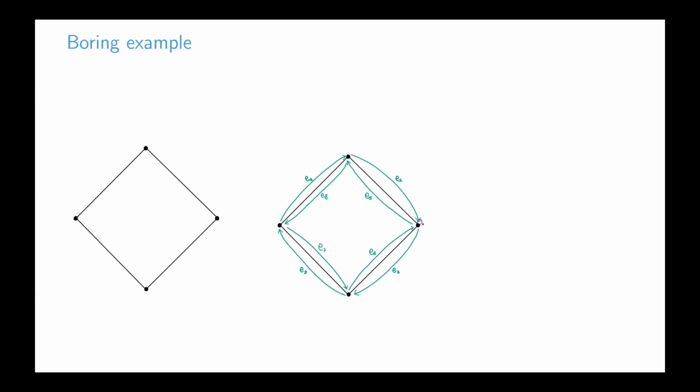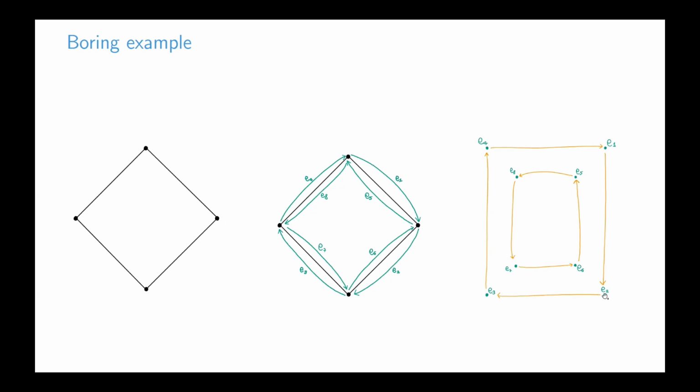So we let this oriented edge be E1, we let this oriented edge be E2, this is E3, and this is E4. And now the next step is to consider in the same order the inverse oriented edges. So we have E5, E6, E7, and E8. Right, so this is what we obtain.